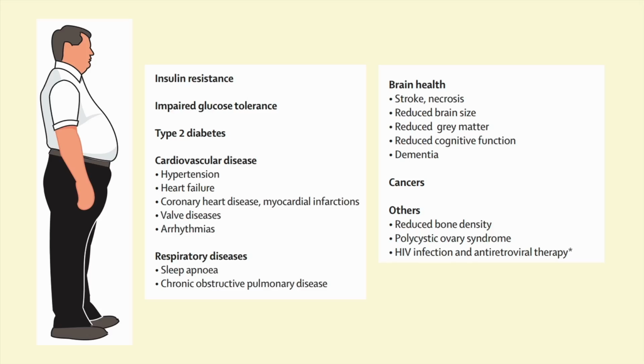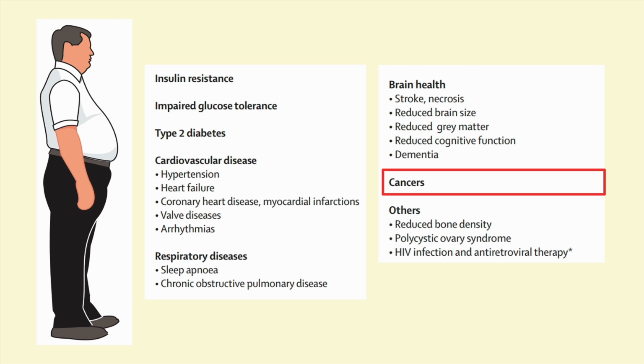Not only cardiovascular, but also dementia, reduced cognitive function. All these are sequelae of excess ectopic fat and insulin resistance. Cancer is a big one. Almost every cancer, there's lots of evidence showing that the outcome of cancer patients who have more visceral fat is poorer compared to those who have less fat.